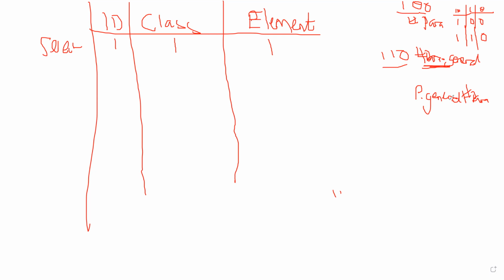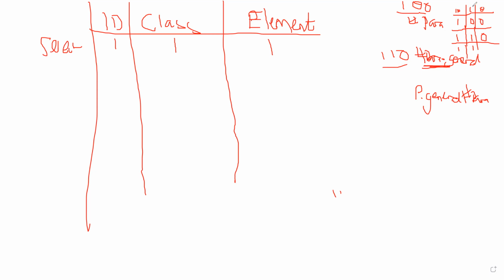But if you look at this last one, there is an ID of 1, right? There is a class of 1. 1 means it is present, 0 means it is absent. If you look at this one, element is absent here and class is absent here. That's why we have 0 for element and 0 for class.